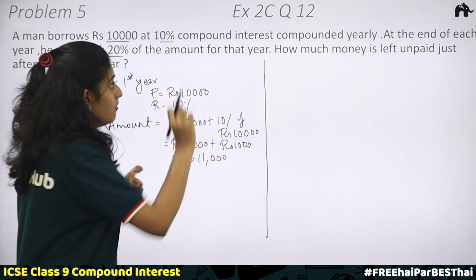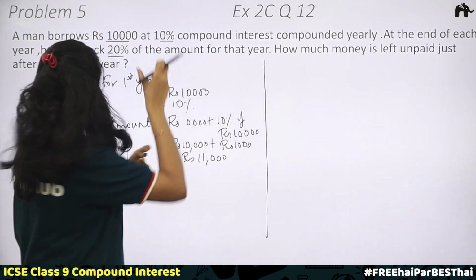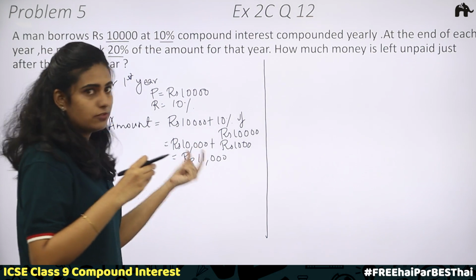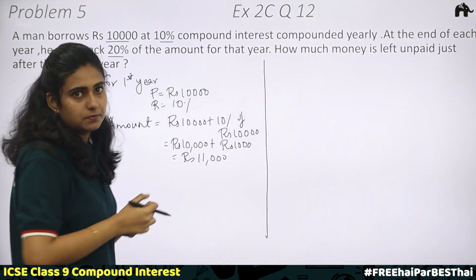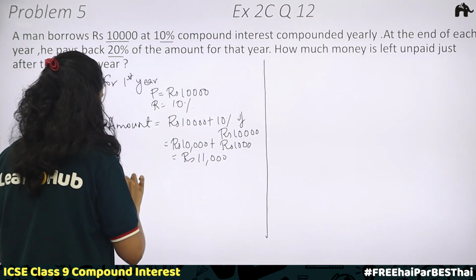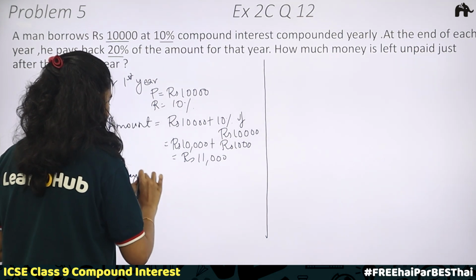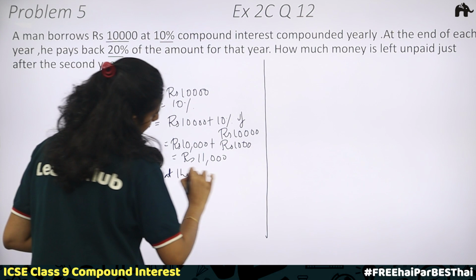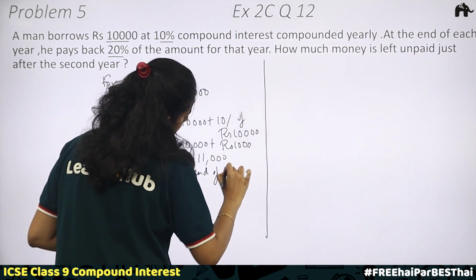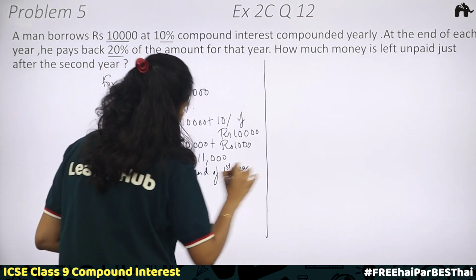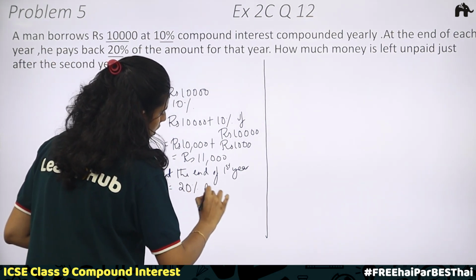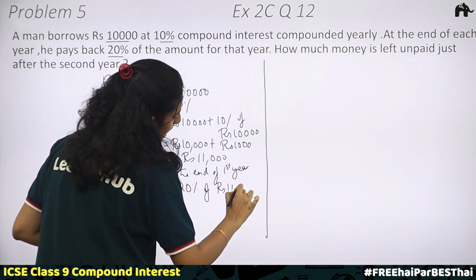Now what happens? The man is paying back 20% of this amount. Okay, so money paid at the end of first year will be equal to 20% of rupees 11,000.